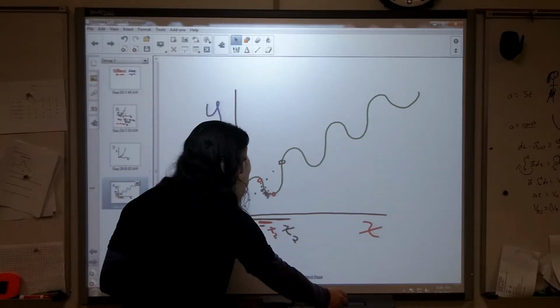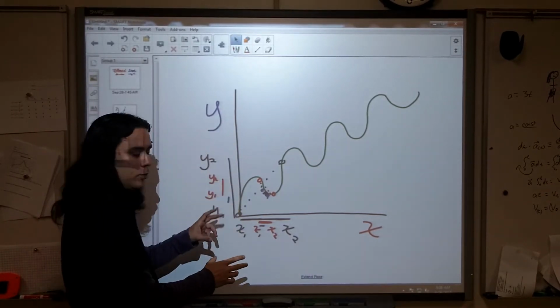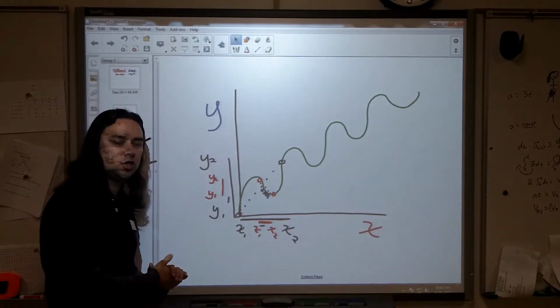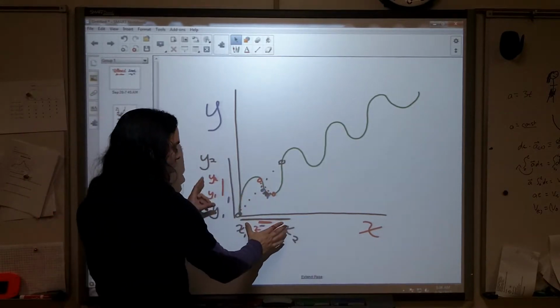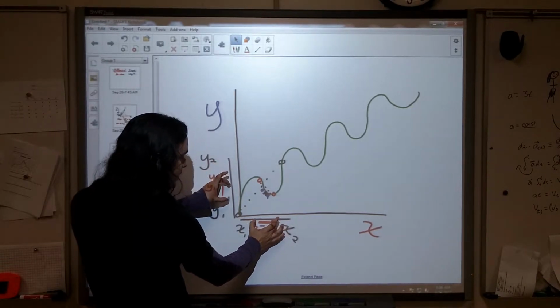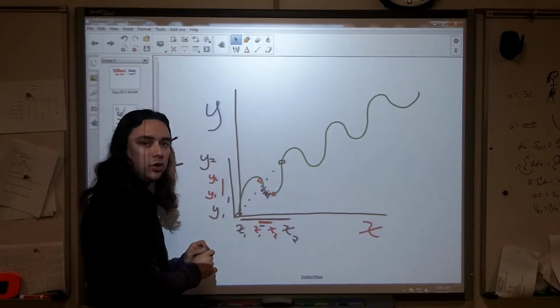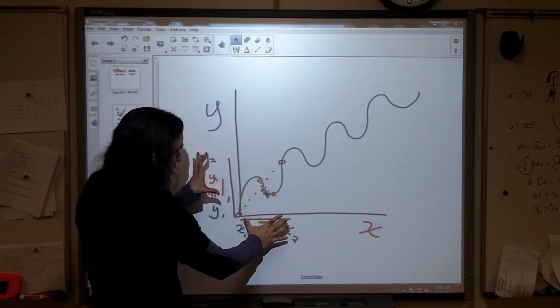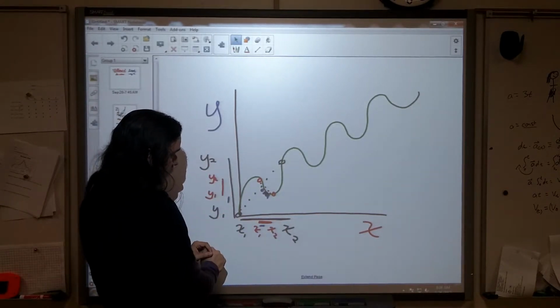I want you to notice this. To get a better representation of what the slope is right at that point, how the thing is changing, its rate of change at that point, is to shrink down the space you're looking at. We have a terrible response for this graph if we look at a large x1, x2.